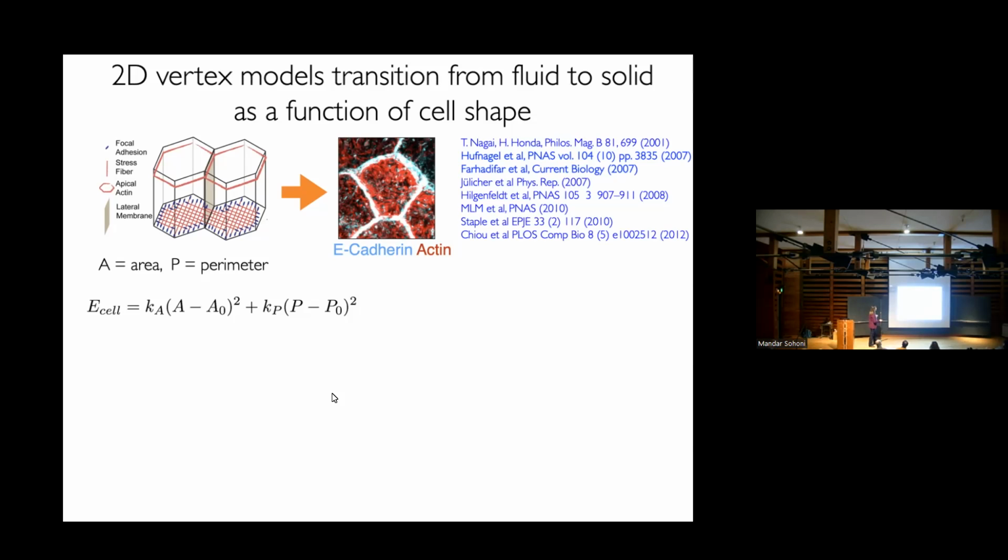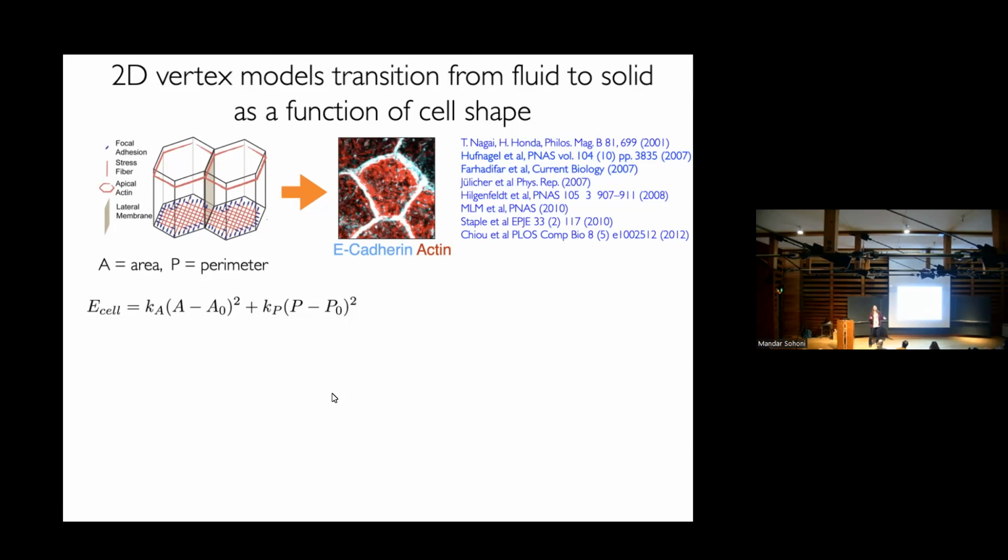They also regulate either their volume or their cross-sectional area, so they like to maintain a certain cross-sectional area. And this is the stupidest energy functional you can write down that gives you a quadratic penalty away from these homeostatic variables. And that's how you write it.